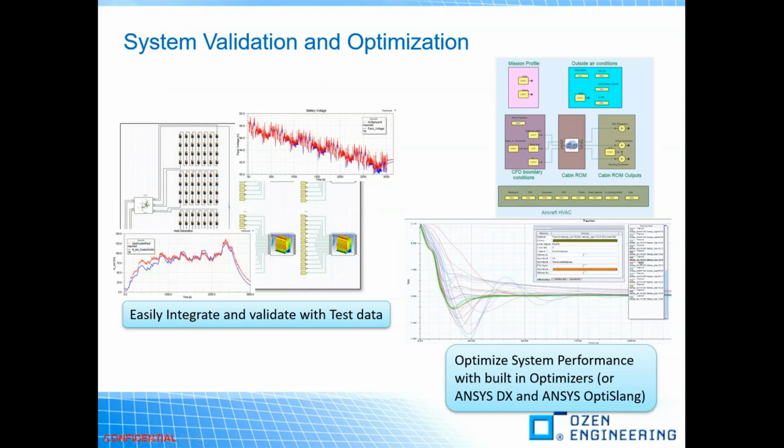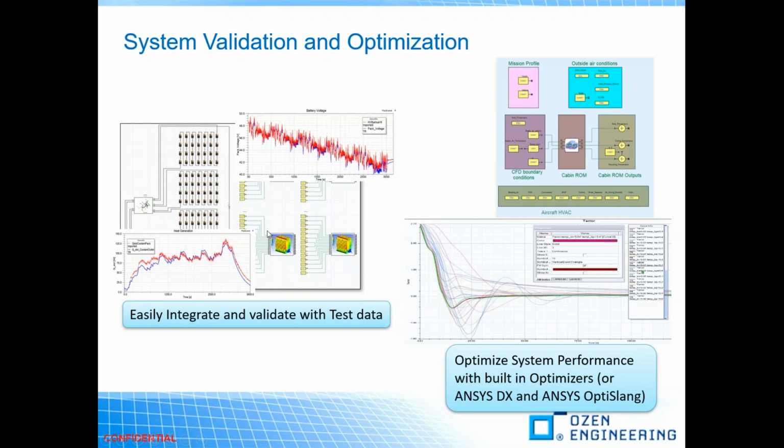System validation and optimization. You can easily integrate and validate with test data. So this is a battery simulation. You can see a lot of cells are formed into a group, or cells formed into a pack, and then the pack forms into an entire battery.